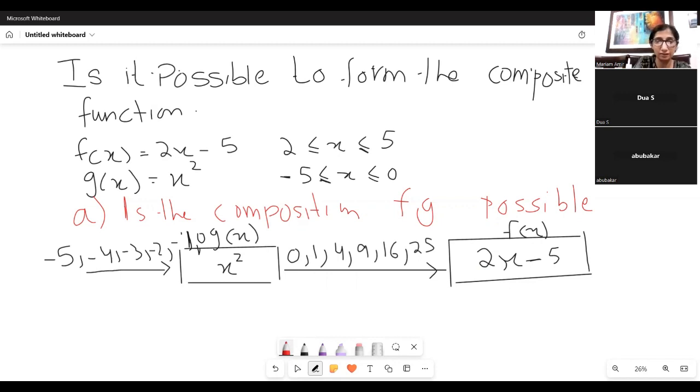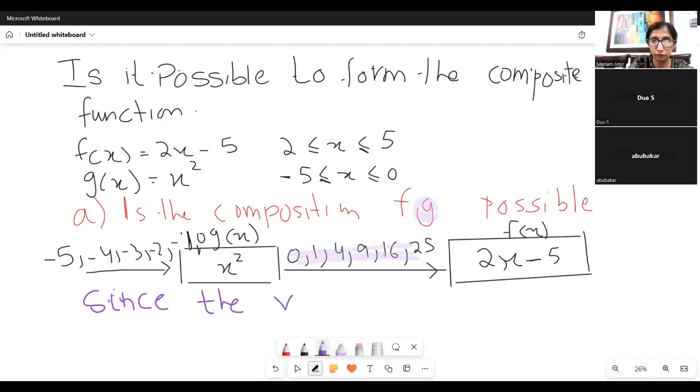You write: since the range of g, because we took the output values of g, these are all output values of g.